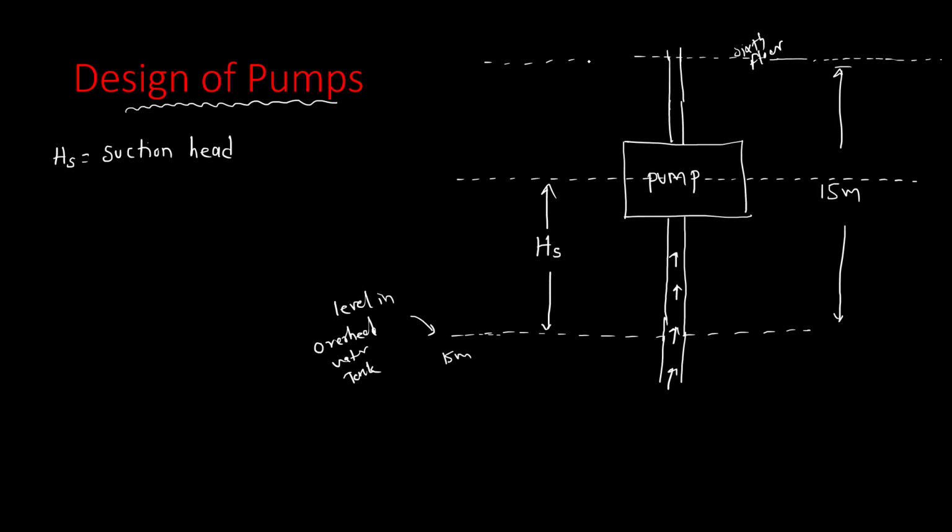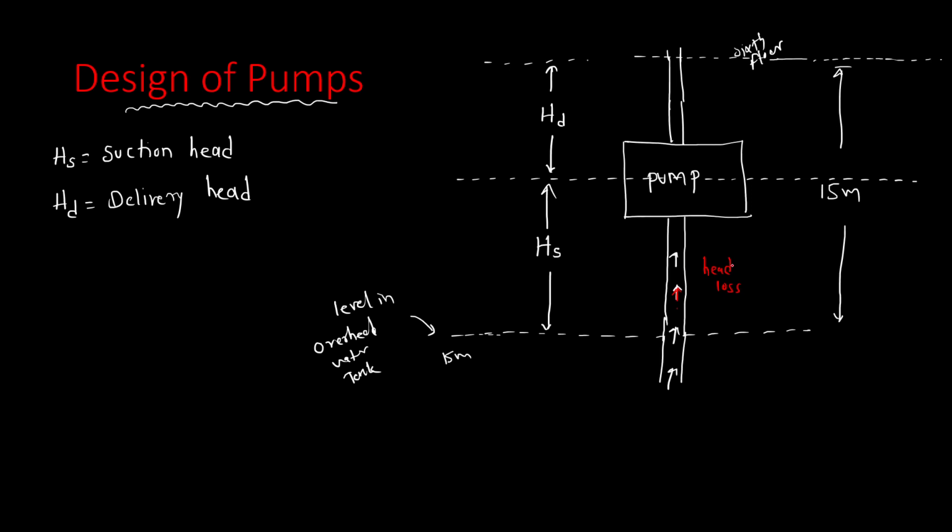The distance from the center line of the pump to the level up to which the water has to be lifted is called the delivery head. So this HD is called the delivery head. And if you have studied fluid mechanics, then you know that if water is flowing through a pipe, there will be some head loss.